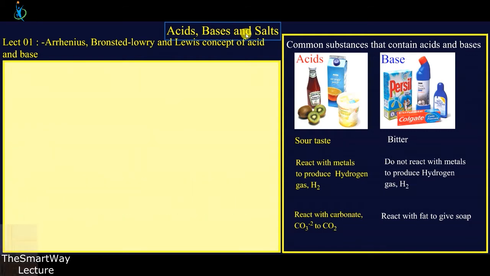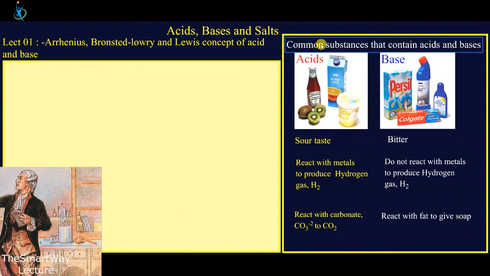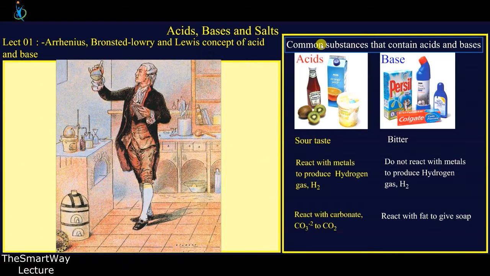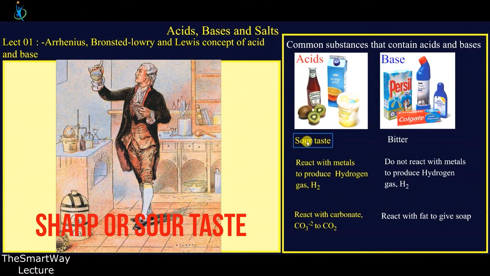Now, to understand that, you have to know that in the early days of chemistry, chemists were searching and organizing the physical and chemical properties of substances in the laboratory. They discovered that many substances that we use can be divided into two main categories. One group of substances has a sharp or sour taste.